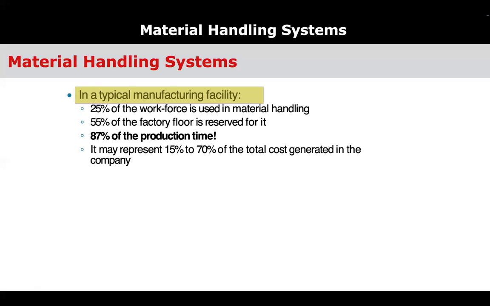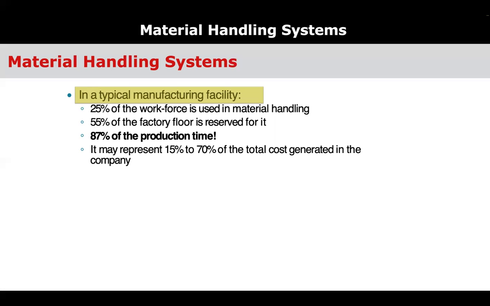87% of the total production time is being accumulated in the material handling storage function. And I think the other day it said that maybe 15 to 20% of the total cost of a product, here it's saying it could be 15 to 70% of the total cost generated in the company.